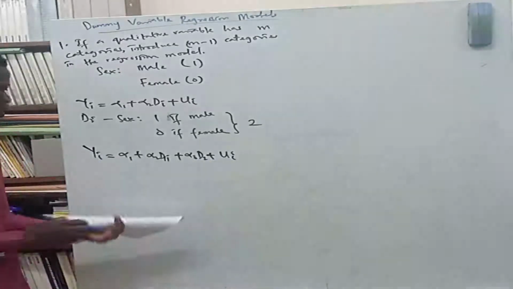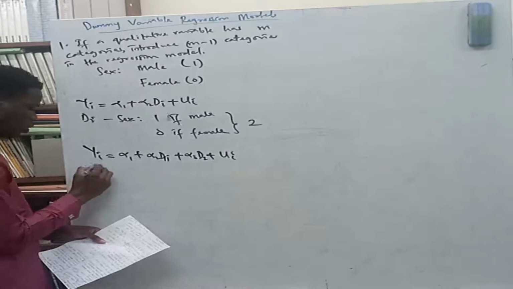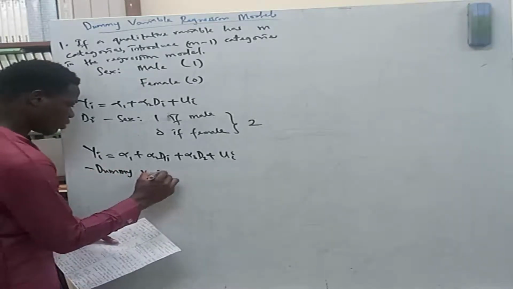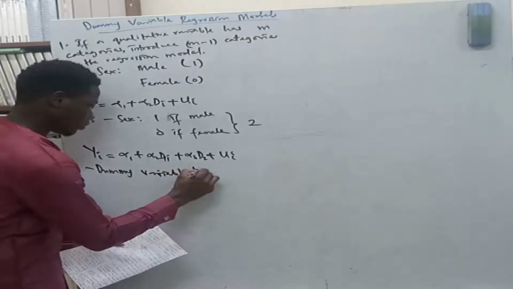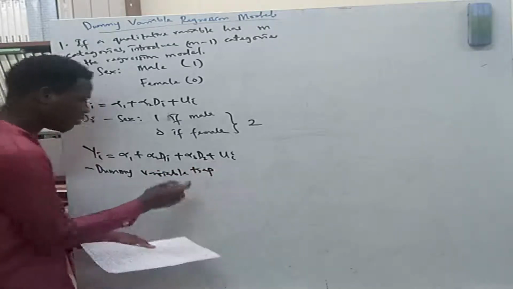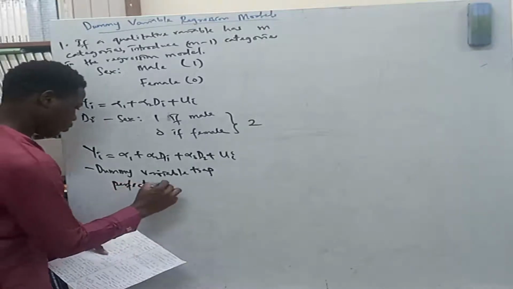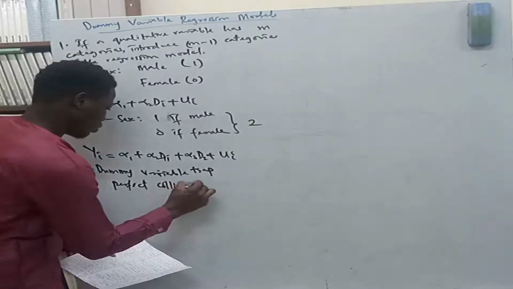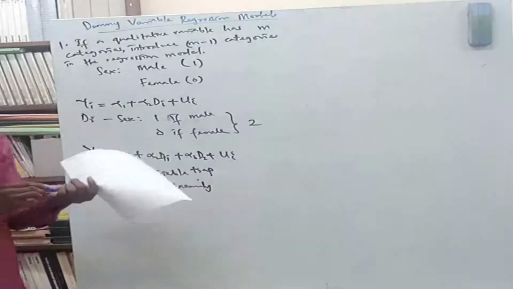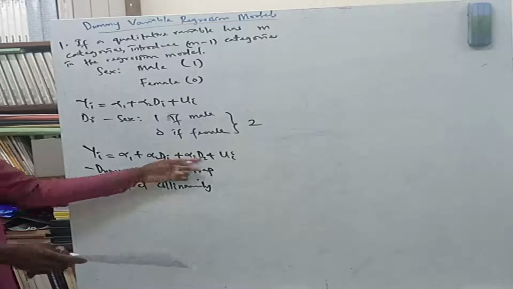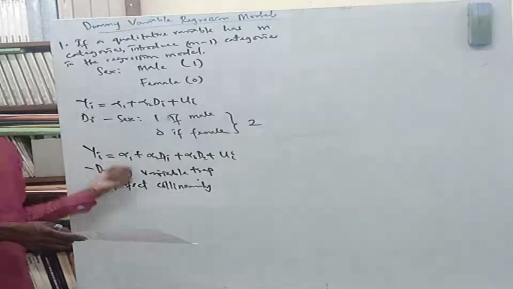Now, what's the dummy variable trap? The dummy variable trap is a case of perfect collinearity between the 2 dummies in the model and your intercept term.